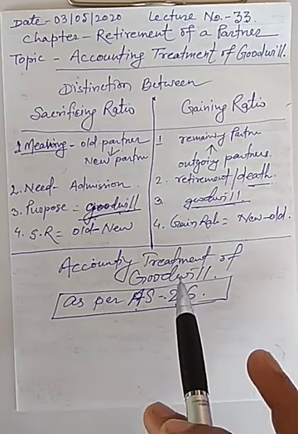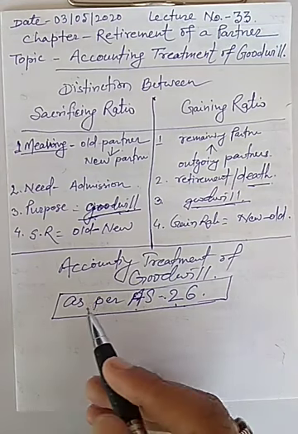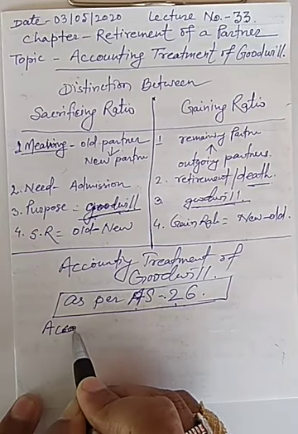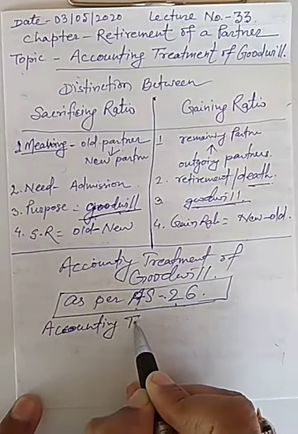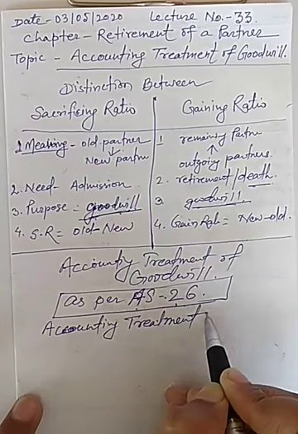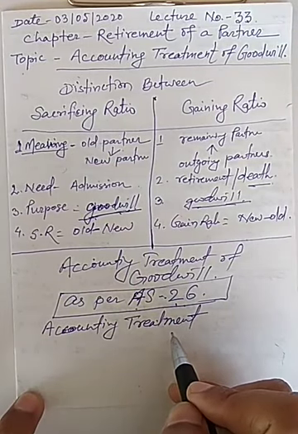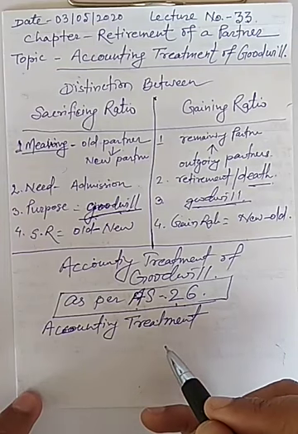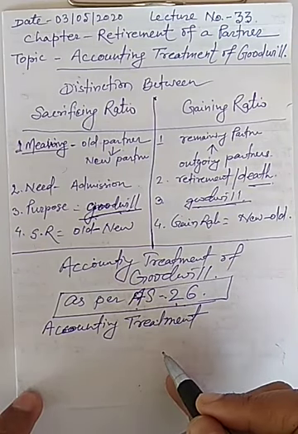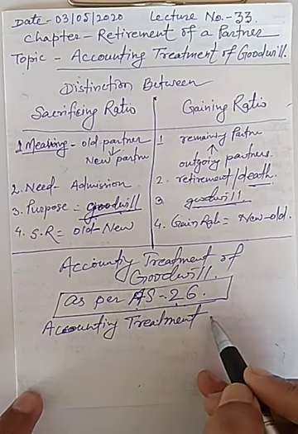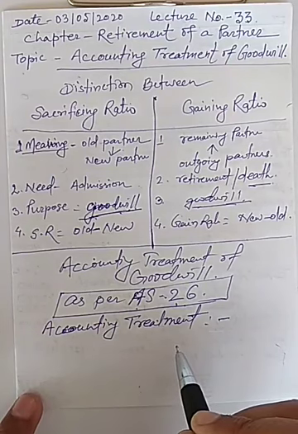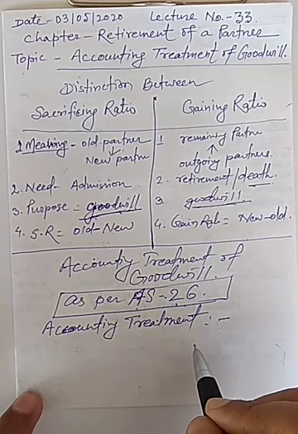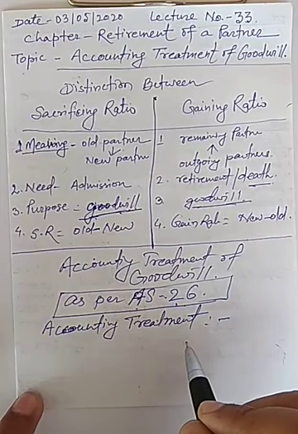So, see the accounting treatment. The retiring and deceased partner must be compensated in the form of premium, goodwill, for share of profit sacrificed in favor of the continuing partners in the ratio of gain obtained by them through partners' capital account.